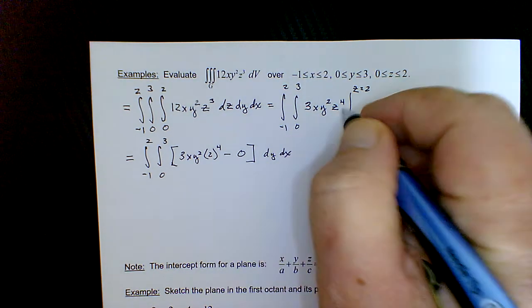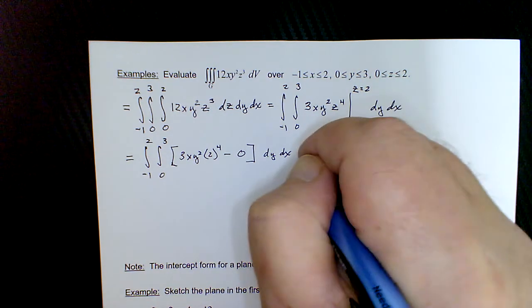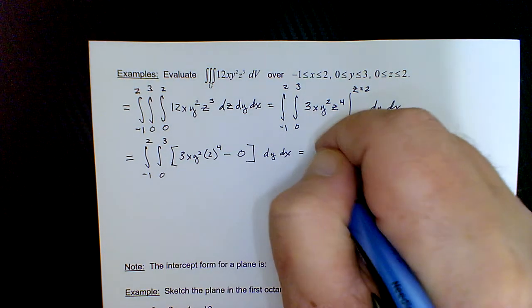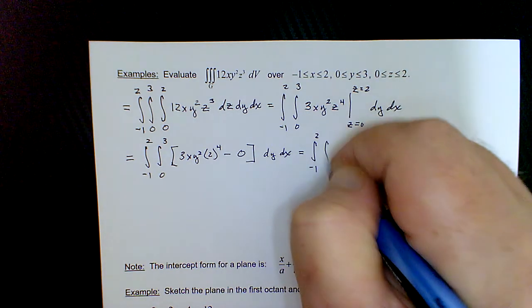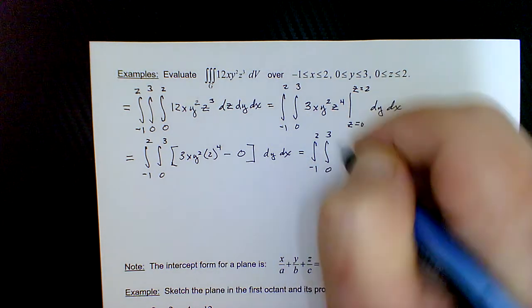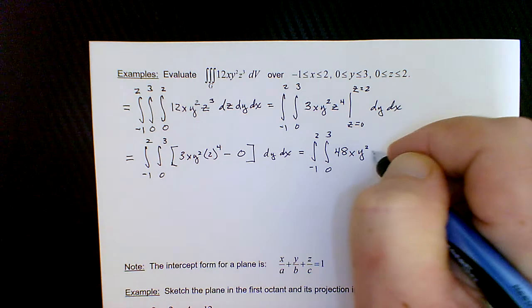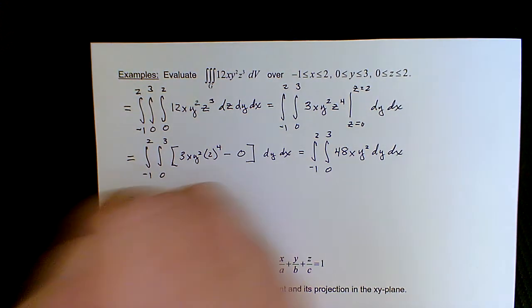Then with respect to x, and 0, of course, because z is 0, so that maxes everything out. So we just get 16 times 3, 48. So let's recopy integral -1 to 2, integral 0 to 3, we have 48xy squared. Now with respect to y, and then with respect to x.